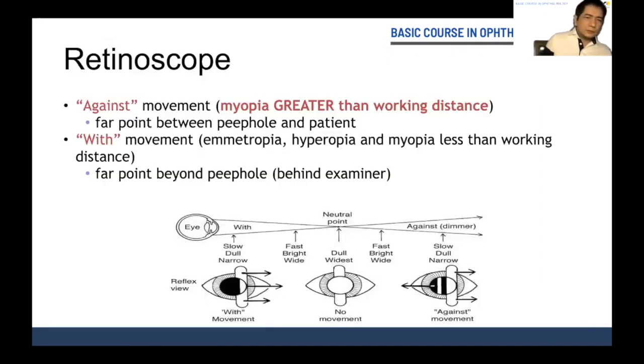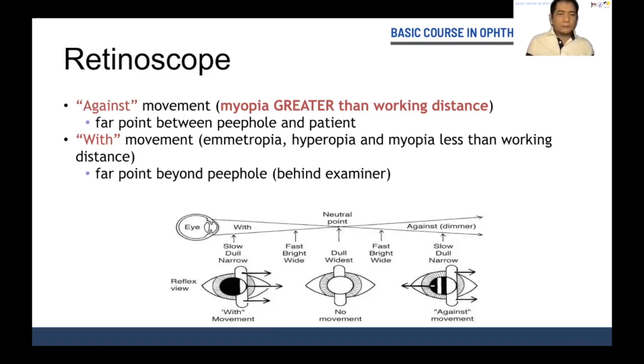So what is against and with movement? When you see an against movement, the error of refraction is always myopia greater than the working distance. We will discuss more on the working distance as we go on. Against movement is only seen in myopia greater than working distance.